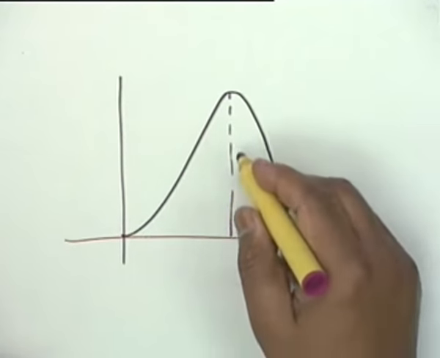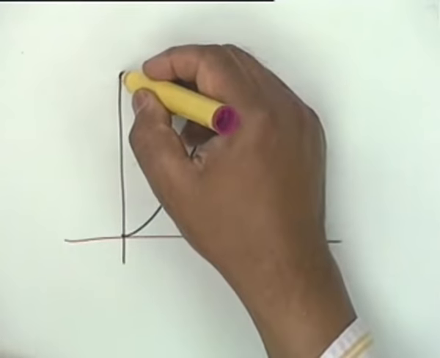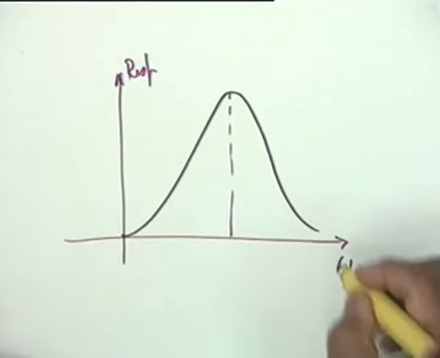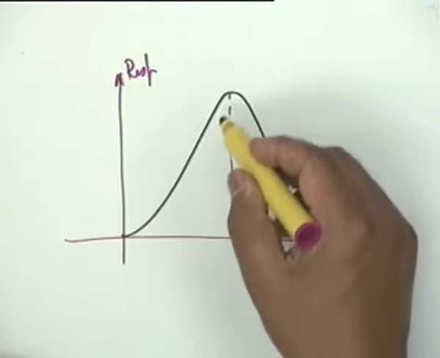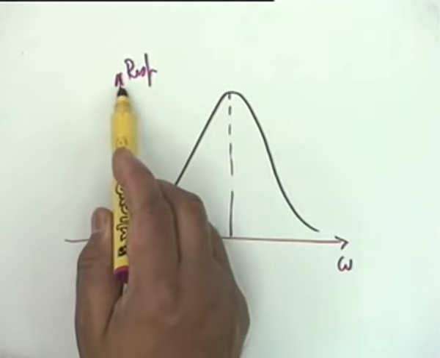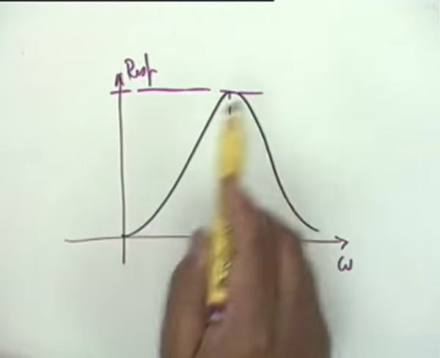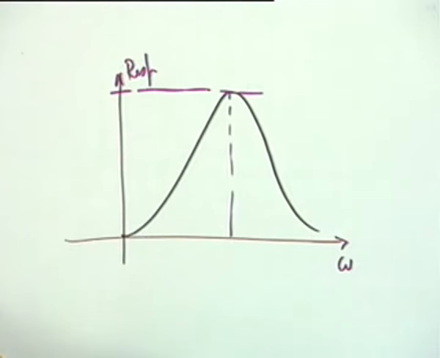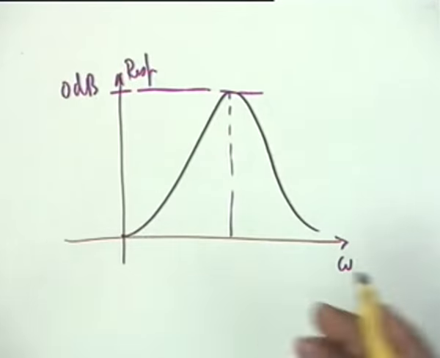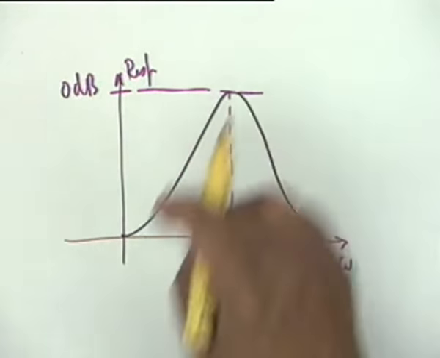One of them is the response versus frequency. This is the characteristic that we want from a tuned amplifier or a narrowband amplifier, and to be specific, let's say the maximum is put at 0 dB. You can always normalize the gain so that the maximum is at 0 dB.